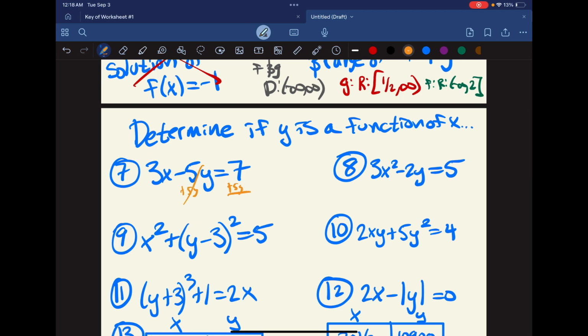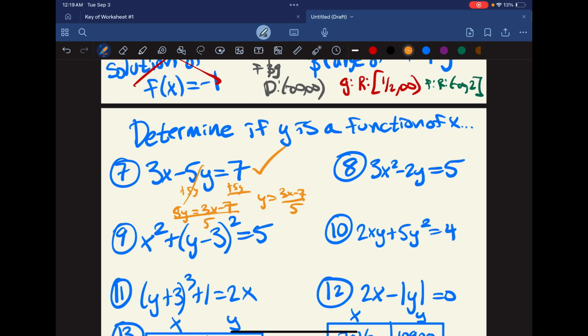Then you've got 5y equals 3x minus 7, and then divide it all by 5, so y equals (3x minus 7) over 5. That is a completely normal function. It's a polynomial, so that's totally fine. So we would give this one a check mark. So that is a function of x.